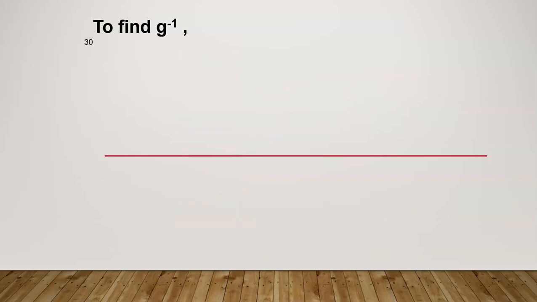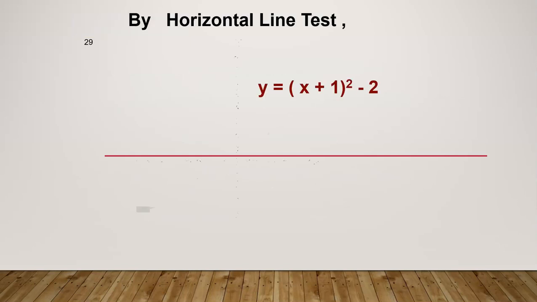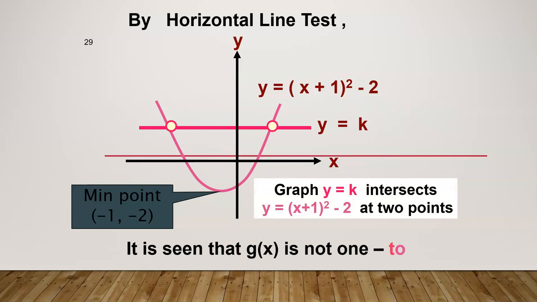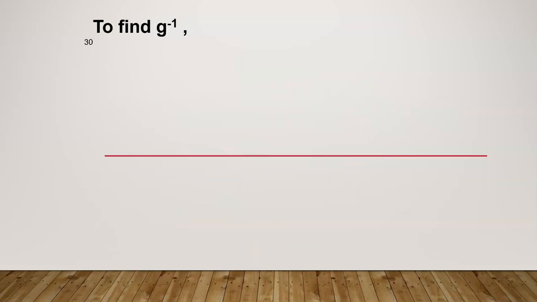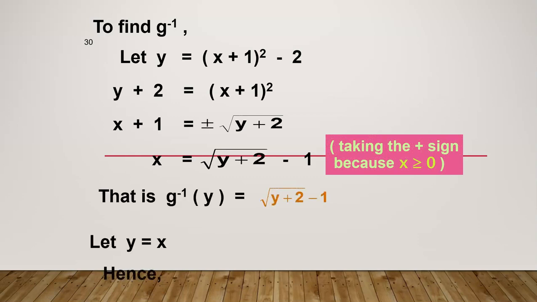Then the next question: if the domain of g is restricted to x greater than or equal to 0, you see they change the domain. So now it becomes a one-to-one function, and definitely it has an inverse. See here.